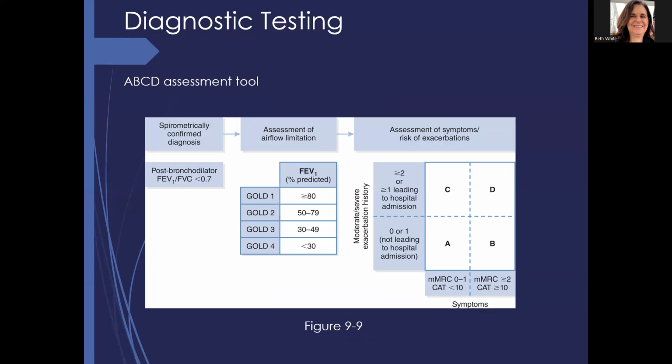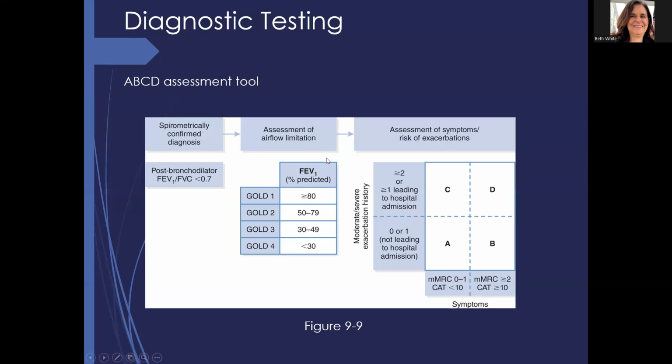So step one in the process is confirmation of the diagnosis of COPD. This is purely going on the FEV1 over FVC being less than 70% predicted. So post bronchodilator, if your FEV1 over FVC is less than 70% predicted, that gets one check mark. Step two is the assessment of airflow limitation. So this is our GOLD classification.